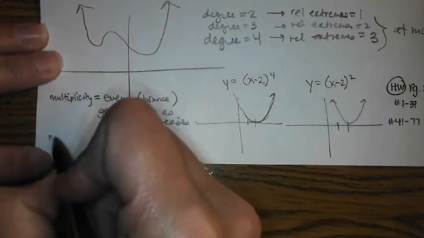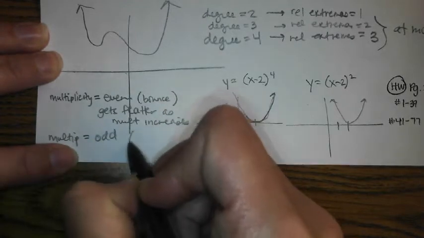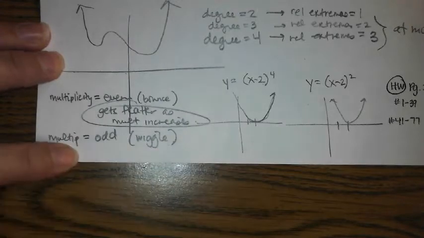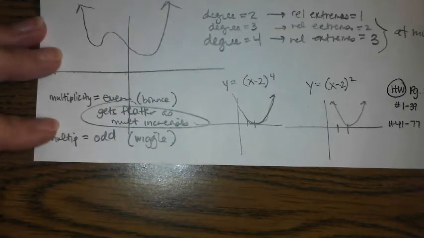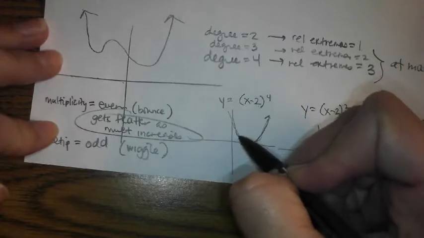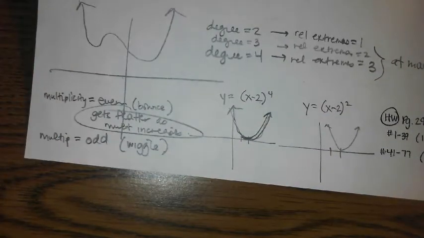And if your multiplicity is odd, we are going to call that a wiggle. And same thing, gets flatter as the multiplicity increases. Okay, so I guess we're probably expanding into higher multiplicities than you maybe did last year.